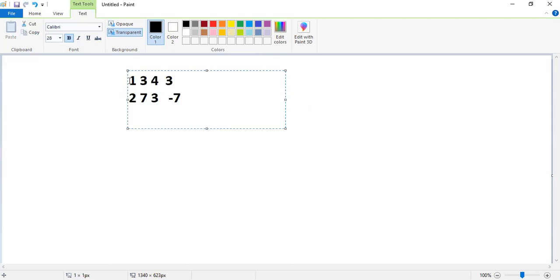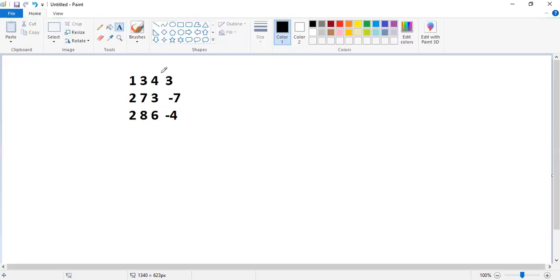Then we have 2, 8, 6, -4. So this is what you are coming to work on. So you bring the curly bracket. So please, as I'm solving, also solve so that you understand it.